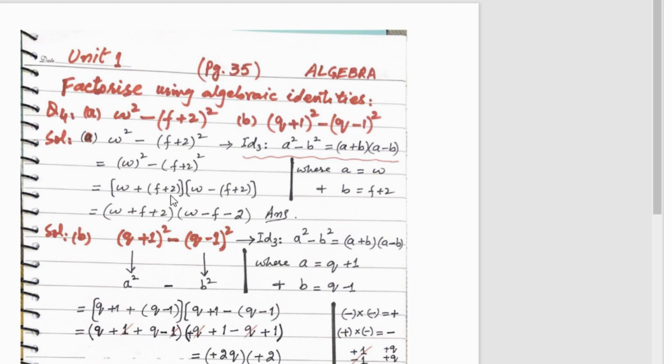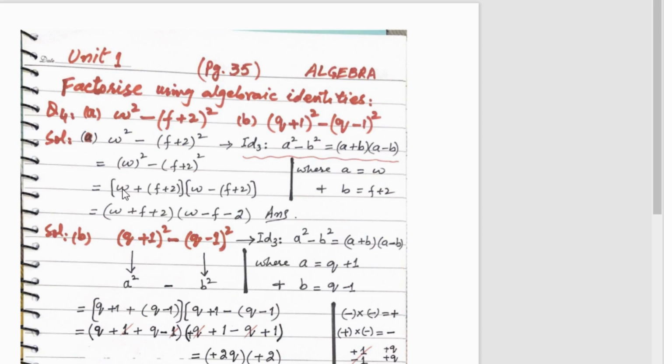Why am I calling it a? Because it's w here, you will think that it's w, and I am calling it a. Why? Because I always read the formula in its original form. Identity 3 is (a plus b) into (a minus b). So whatever term is at the place of a, I will read it as a, and whatever term is at the place of b, I will read it as b.